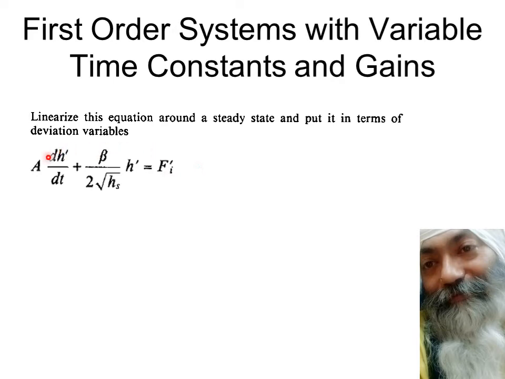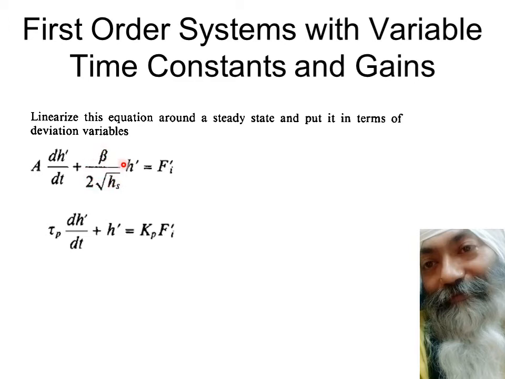Now the whole equation is modified, where this hs is the height at the steady state. It depends upon what the steady state level was. So what you see over here in deviation terms, we have to model it, and again as we were doing earlier, I am going to divide the entire equation by this term.